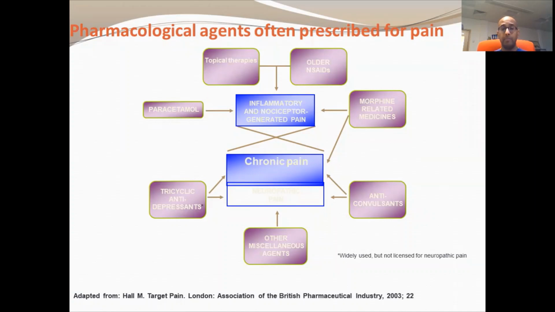Probably most commonly and most usefully used drugs are the neuropathic agents rather than opioids and rather than anti-inflammatories.